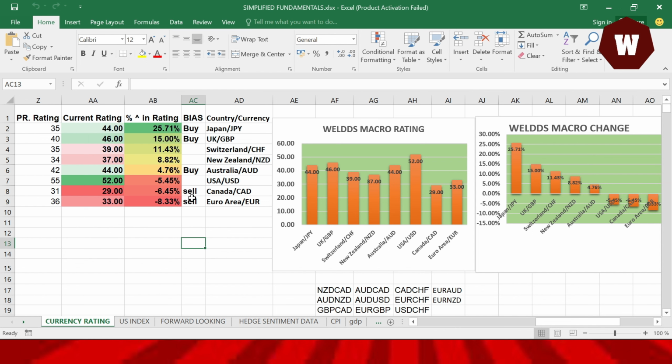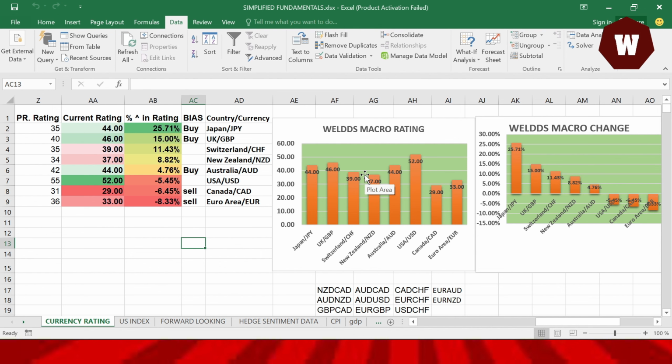So here you have seen this chart. You track a lot of economic data, from GDP to inflation to unemployment rate to a lot of other macroeconomic data, and at the end of the day you use some Excel formulas and calculate them and arrive at this rating.